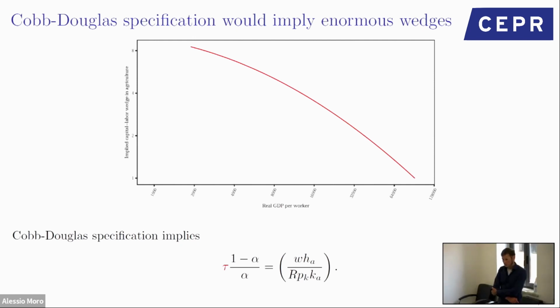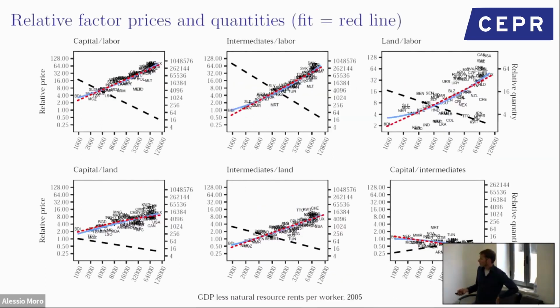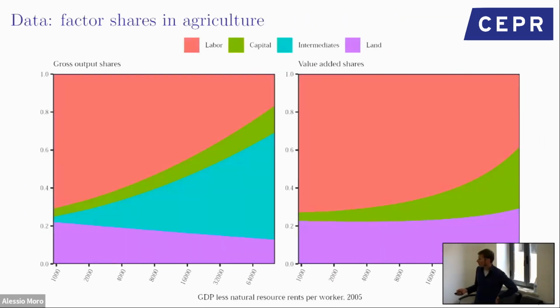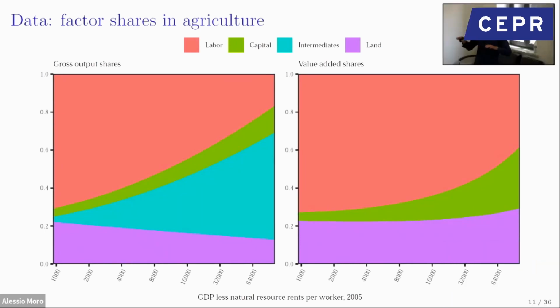Once you start putting different factor shares, one concern is that there's going to be a positive correlation between how capital intensive the technology is and how advanced that technology is. So you can think that you are moving to use a different technology that uses more capital and less labor. So the factor shares are changing in our exercise. Exactly. As they do in the data. So yes, this is going into the estimation. We don't impose that they're fixed.